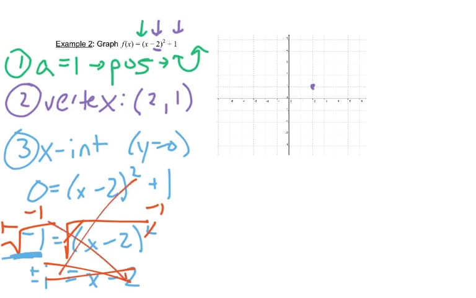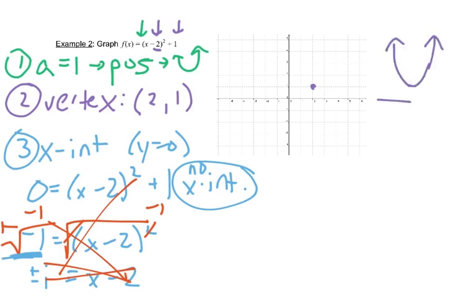And what that tells us is that there are no x-intercepts. It means this graph doesn't cross the x-axis. So let's think about that for a second. If this is our vertex where we drew it and we know it goes up from there, we can see that if it's going up from here, it's not going to cross the x-axis. So that fits with what we know from step 1.